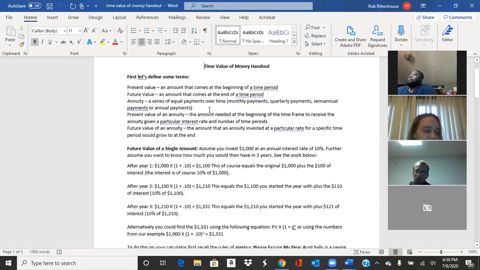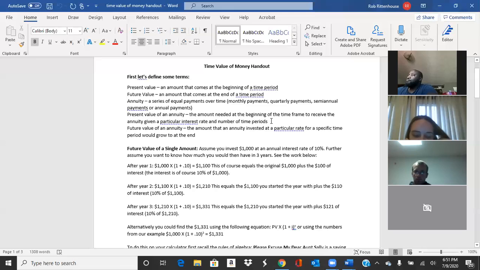Now, an annuity is a series of equal payments over time. That could be a series of equal monthly payments. It could be quarterly, semi-annual, or annual payments. But just a series of equal payments over time, that's an annuity. Okay? Now, the present value of an annuity is the amount needed at the beginning of the time frame to receive the annuity, given a particular rate of interest and number of time periods.